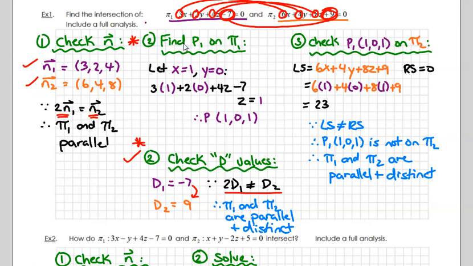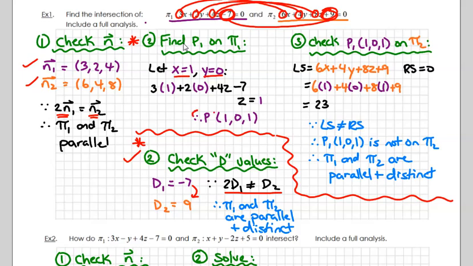Another way that you can do this is to separate these two and do the top instead. The top actually encompasses all that. The top is what we had said at the beginning. If I just find a point that is on the first plane, like if I say x is equal to whatever and y is equal to whatever, I can solve for a z value in order to find a point that is on plane number 1.